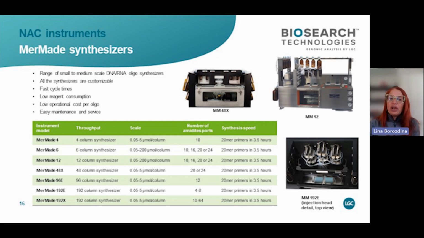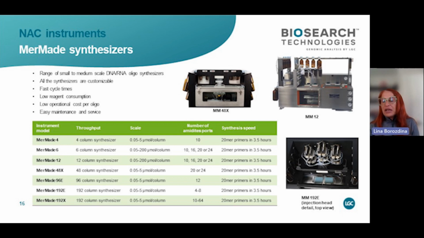Then we're going more into higher throughput instrumentation. This is more for screening, or if you have multiple oligos you want to make a day. So we have the mid-scale, which is our 48 synthesizer, and we also have 3 different variations of plate synthesizers: 96, 192E, which is high throughput and featured right here, and our 192X.